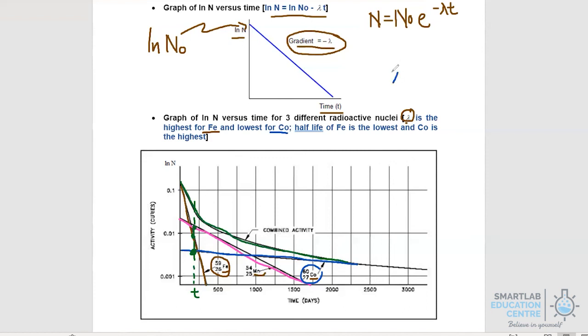And using the formula whereby lambda is equal to 0.693, which is in fact ln 2, over T half, we could now conclude that since lambda is the highest for iron, iron will have the lowest half-life, since the half-life is inversely proportional to the decay constant. And from here, we can also argue that cobalt, which has the lowest decay constant, will have the highest half-life.